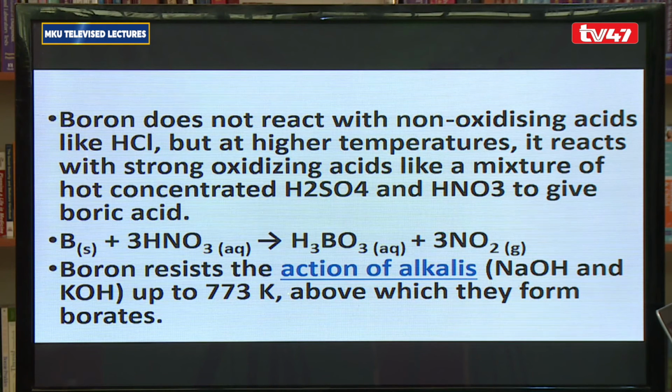The other thing is that boron resists the action of alkalis, but the other group 13 elements all react with alkalis like sodium hydroxide and potassium hydroxide to liberate hydrogen gas.